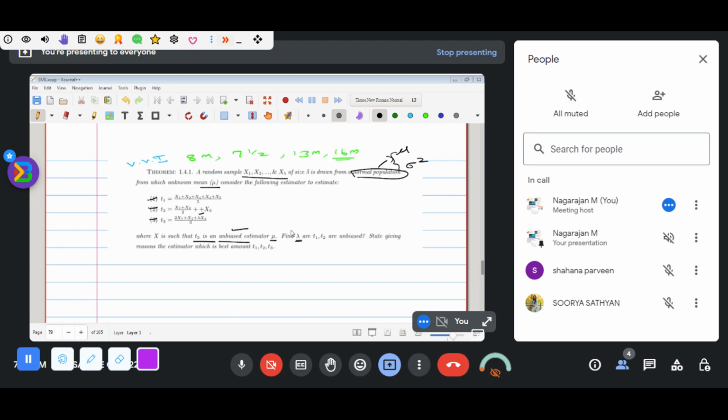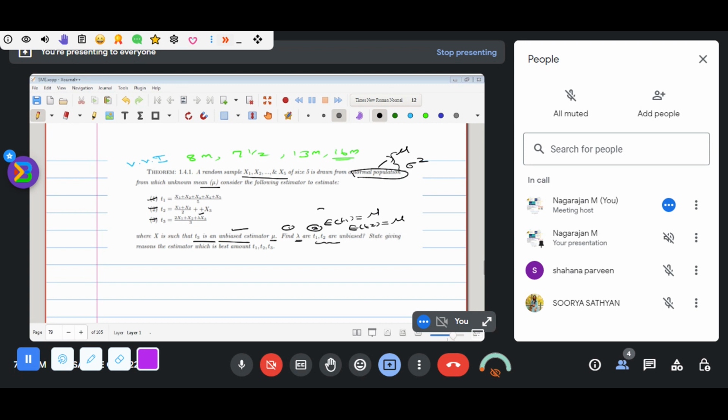This is the first question. This is the second question: T1 and T2 are unbiased. Unbiased means you want to show that E of T1 equals mu and E of T2 is also mu. You want to show that.